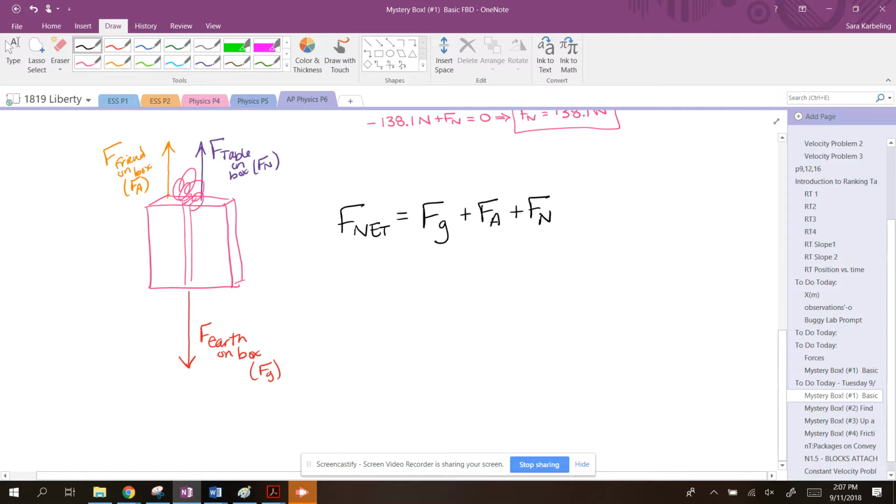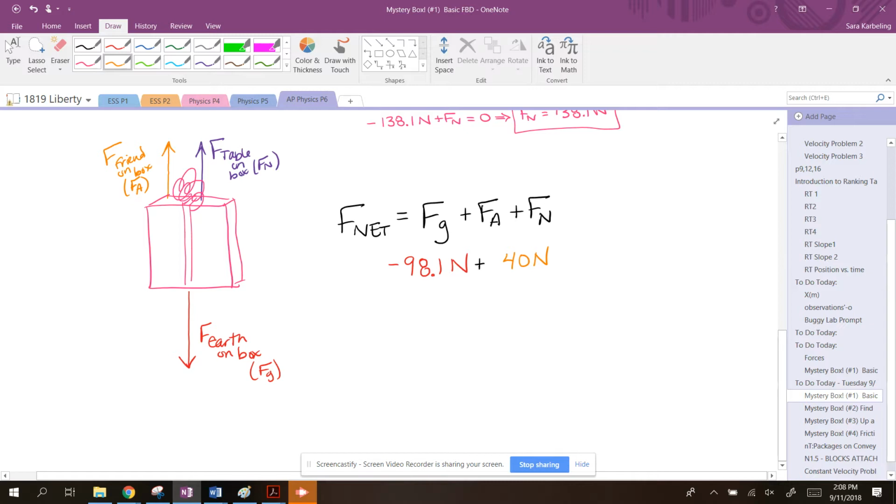How big was it? Negative 98.1. How big is the applied force? 40. Is it positive or negative this time? Positive, because it's going up. So now I've got 98.1 going down, 40 going up.